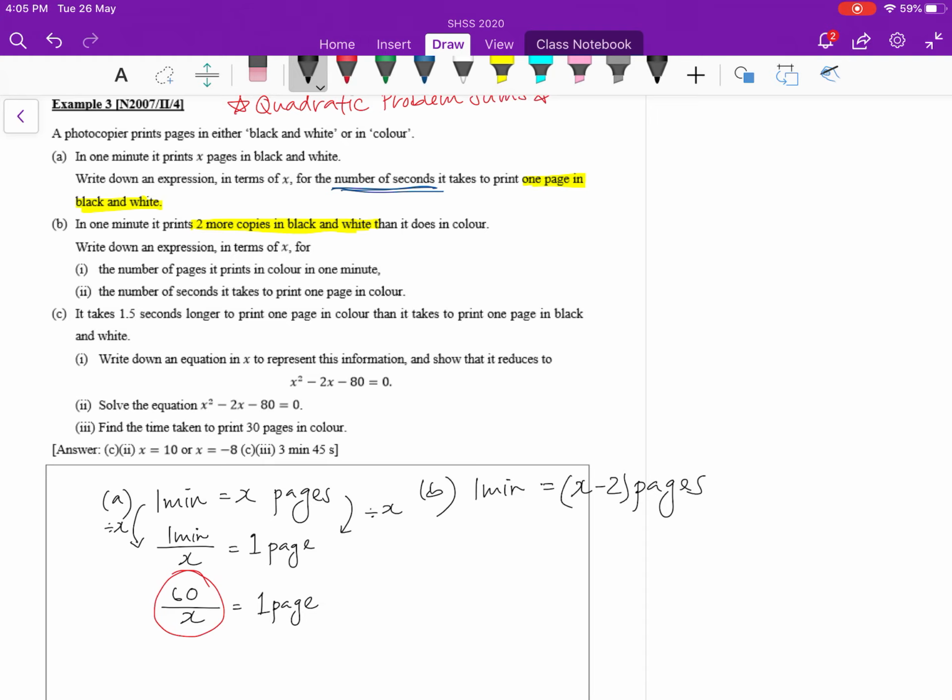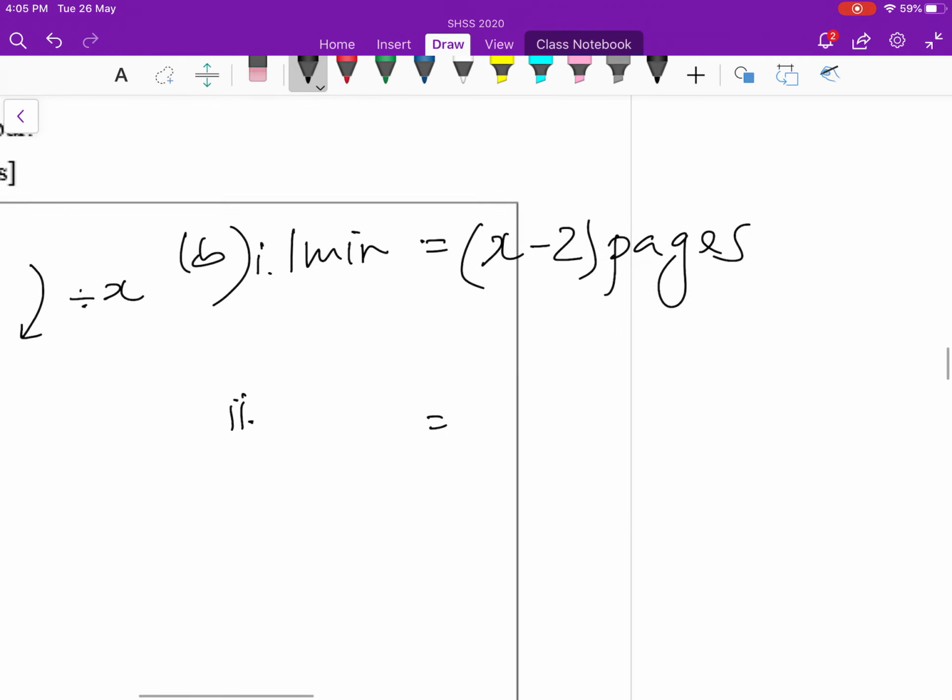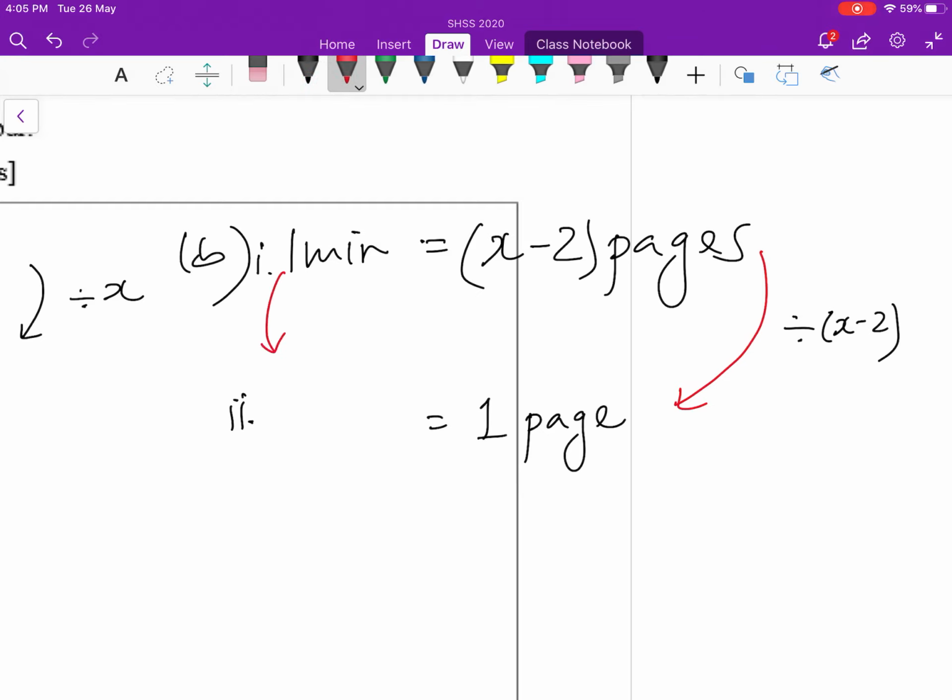Okay, so part 2, this is part I. Part 2 says the number of seconds it takes to print 1 page in color. Same thing. If I just want 1 page, all I need to do is divide by X minus 2. If I divide by X minus 2 here, I also divide by X minus 2 here, which gives me 1 minute over X minus 2.